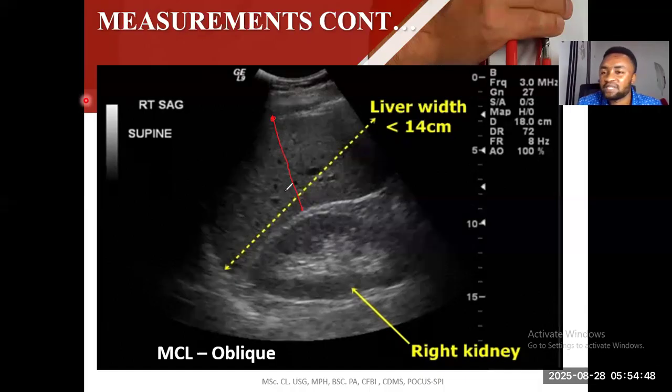This is like a transverse cut. No, you don't cut the liver like that. You get an abnormal measurement. You have to make sure that the tip of the measurement is on the diaphragm. This is the diaphragm. This is the diaphragm. You have to make sure it's on the diaphragm. Then you drag it to the other end.